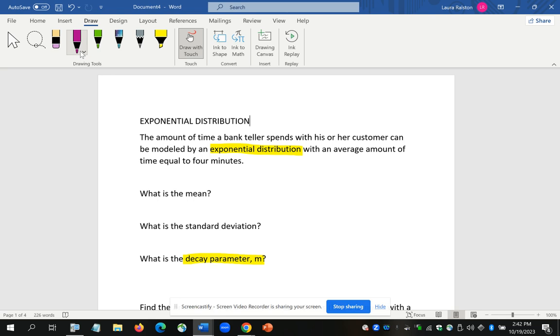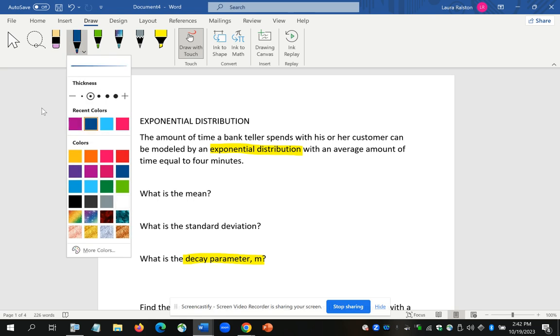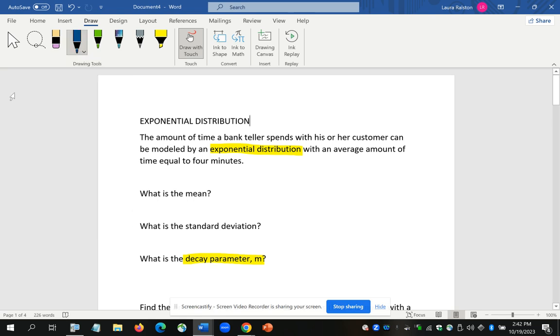So the first problem I have here says the amount of time a bank teller spends with his or her customer can be modeled by an exponential distribution with an average amount of time equal to 4 minutes. Okay, so average is another term or a synonym for mean.